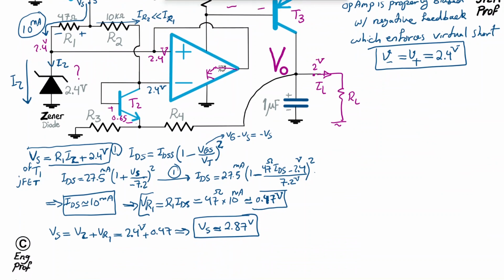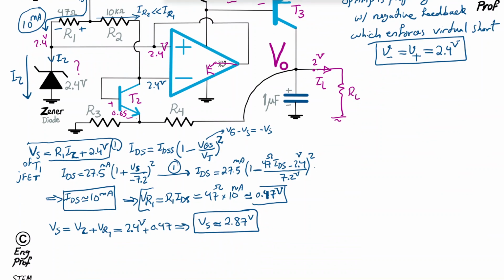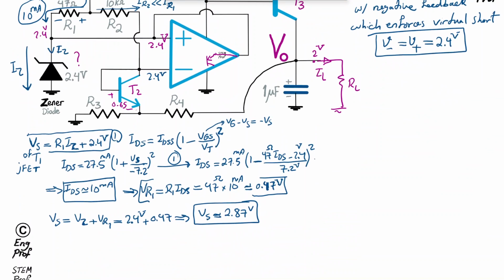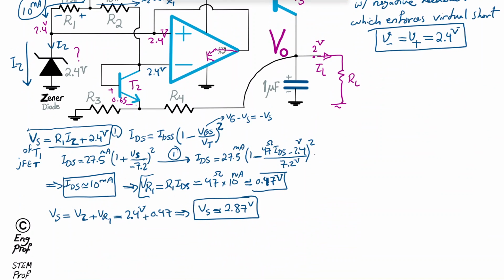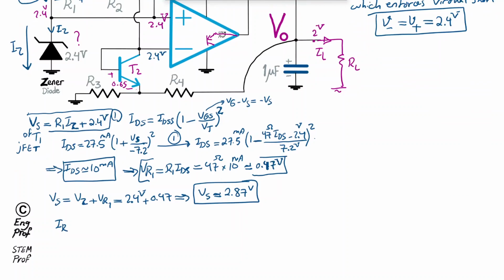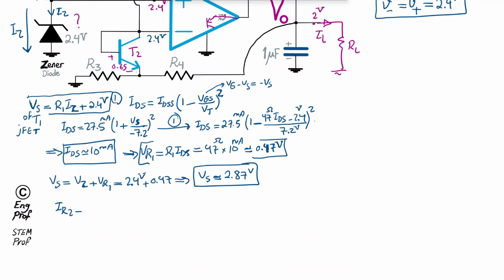So I can say IR2 is VR2 divided by R2, of course.